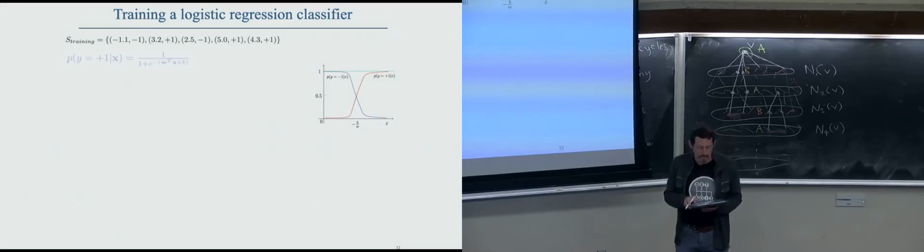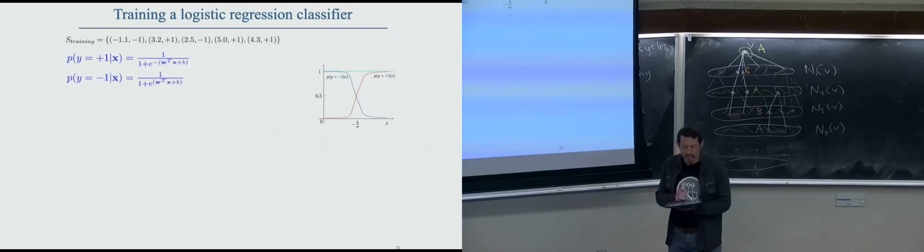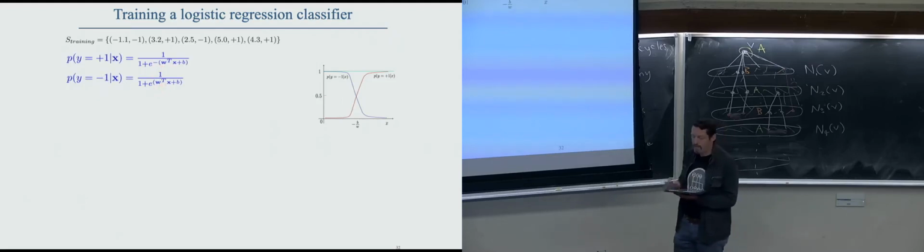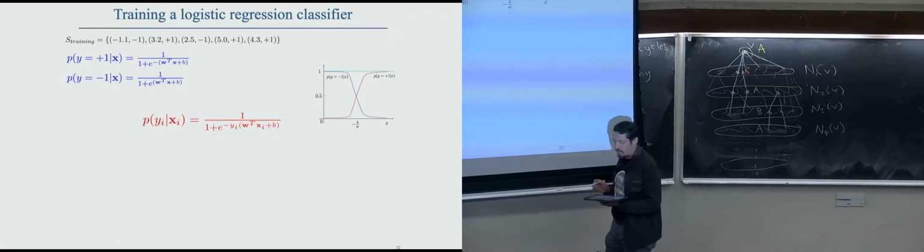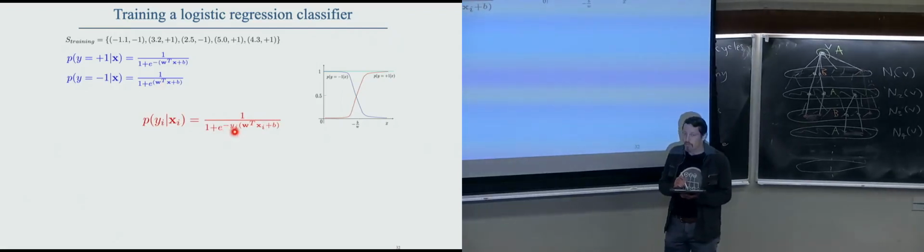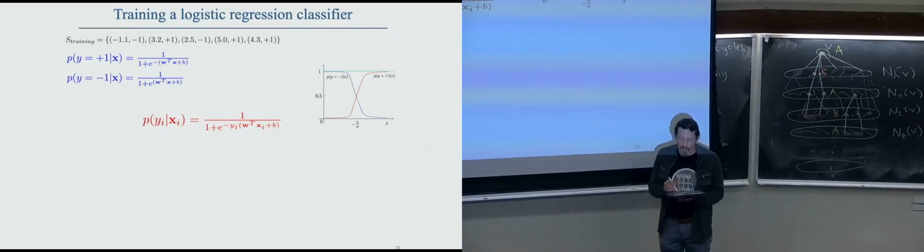So if I take the positive class version, e to the minus, and the negative class is just e without that minus, I can combine those two together by putting the true value in here, as long as I do my labeling like this.